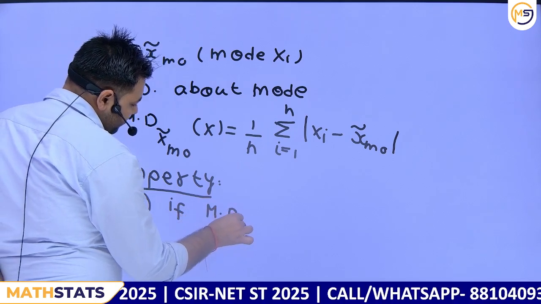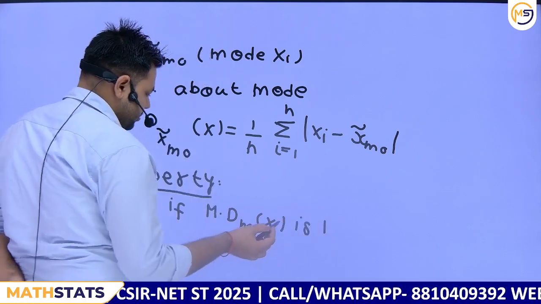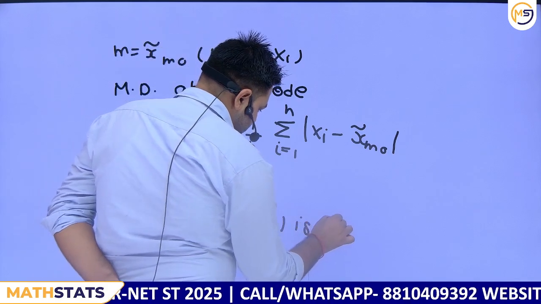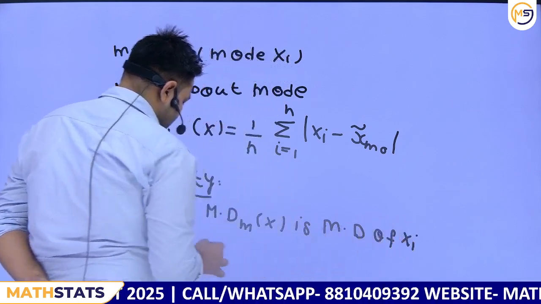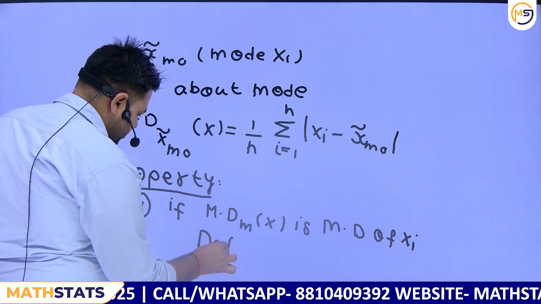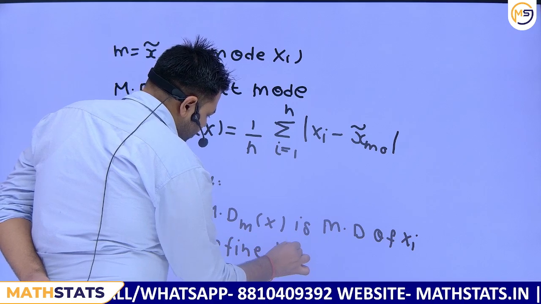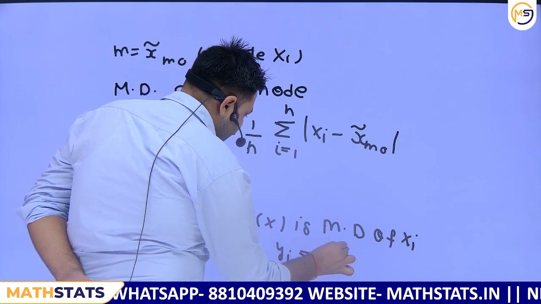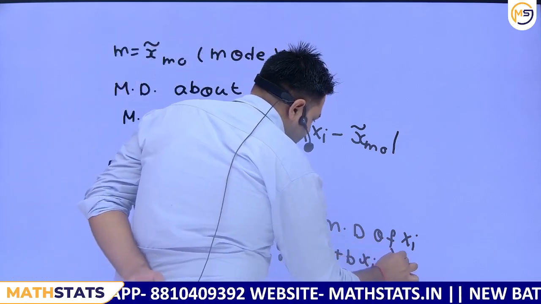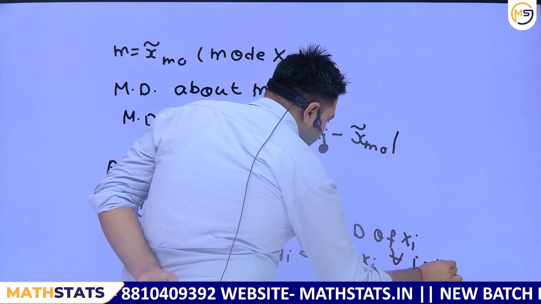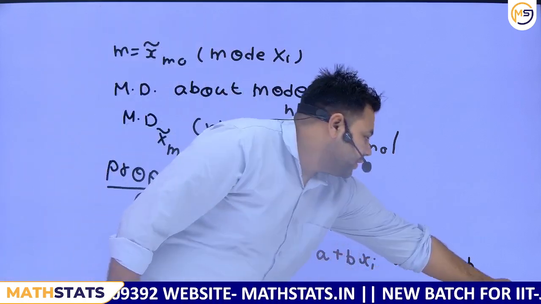If MD_m(x) is the mean deviation of xi, and we define yi equal to a plus b xi for each i equal to 1 to n.